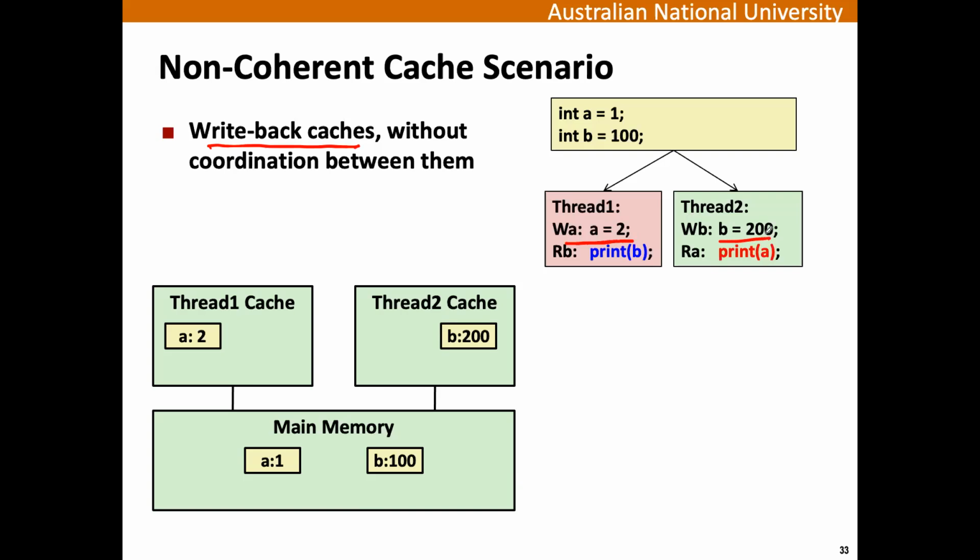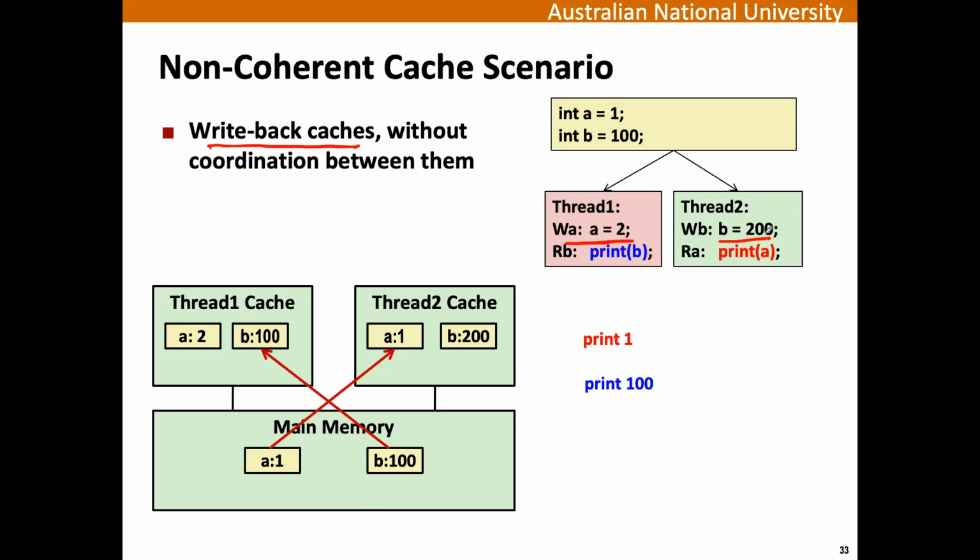Now there is no coordination between the two, and the read of A gets the result from memory and prints 1, and the read of B gets the result from memory and prints 100. So if there's no coordination between caches, we don't have sequential consistency in this case. If someone tries to sell you this processor, which does not have coordination between cores, and you run this program, you won't have sequential consistency. You will get this output, 1 and 100, and you have no clue what is going on.